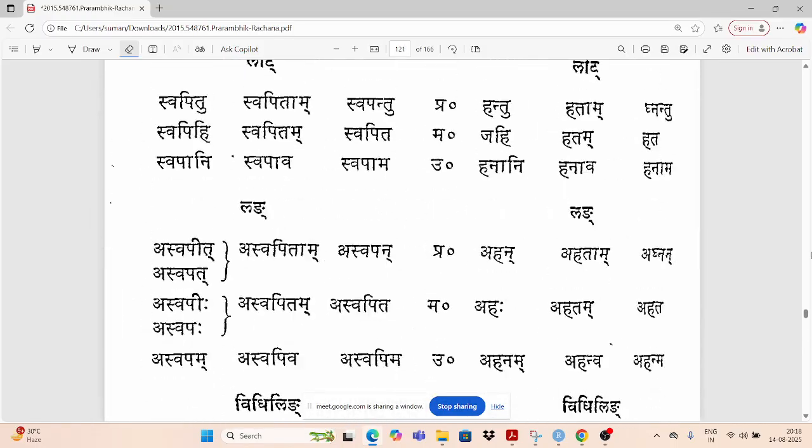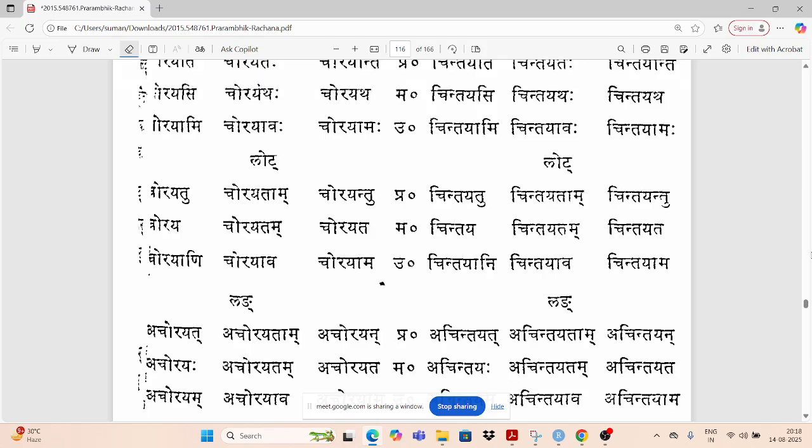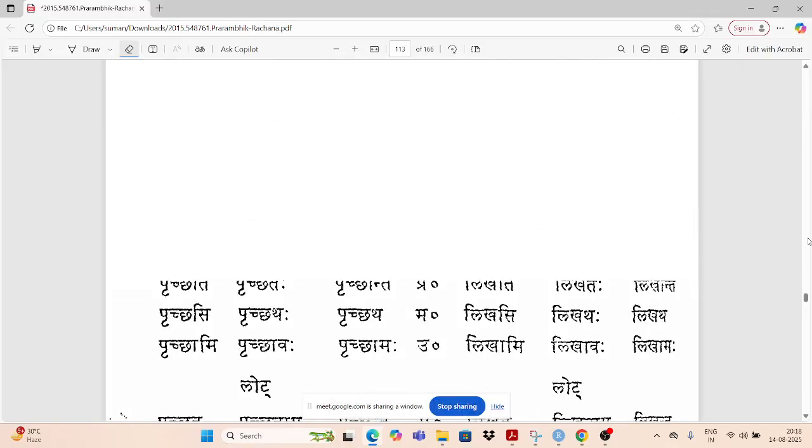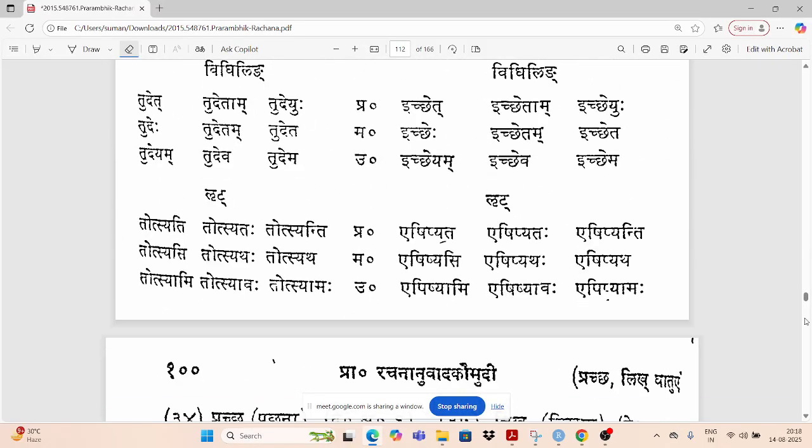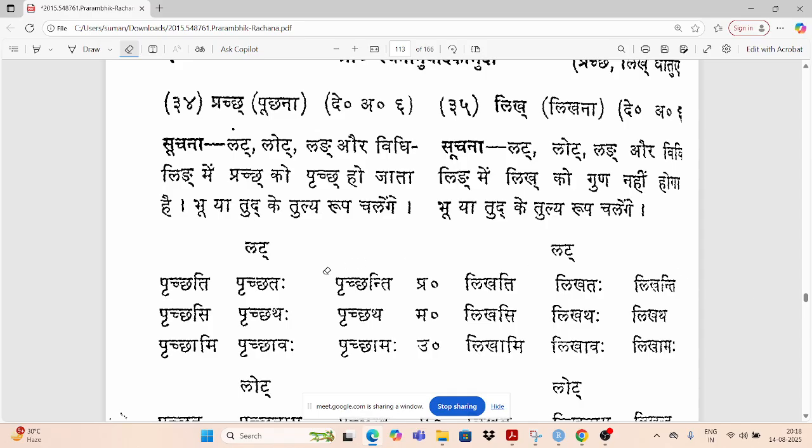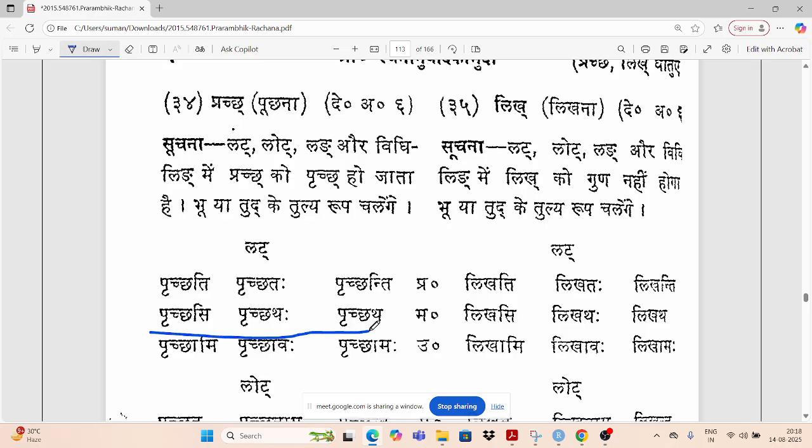Or rather, we can take something simple also. So here, say prichhati, puchana. Okay. So this is the second line, if you see this part.